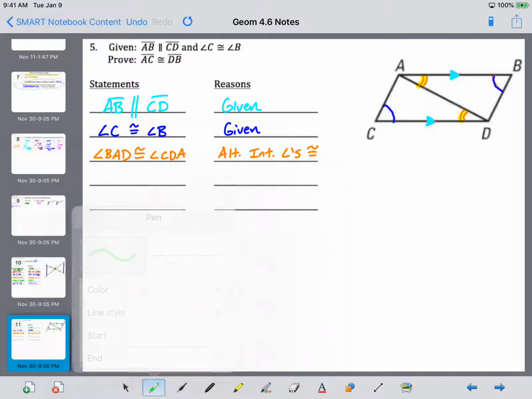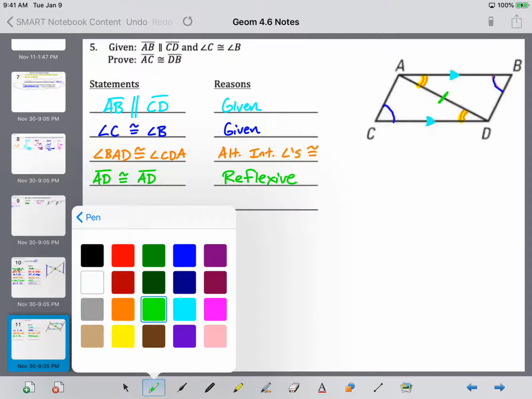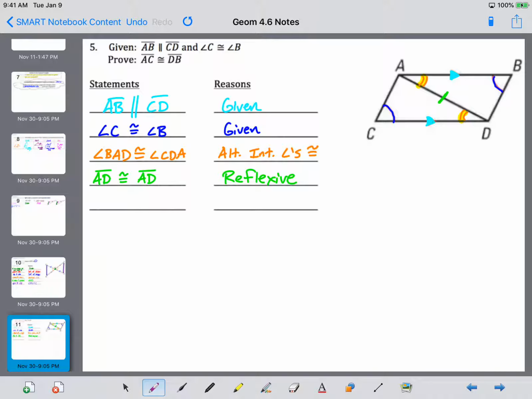Okay, the next thing we can say is we've got this shared side in the middle. So AD is congruent to itself because of the reflexive property. All right, and lastly, I think we're actually missing a line here, but we can draw that in. The next thing we can say rather is now we have an angle, and that shared side.